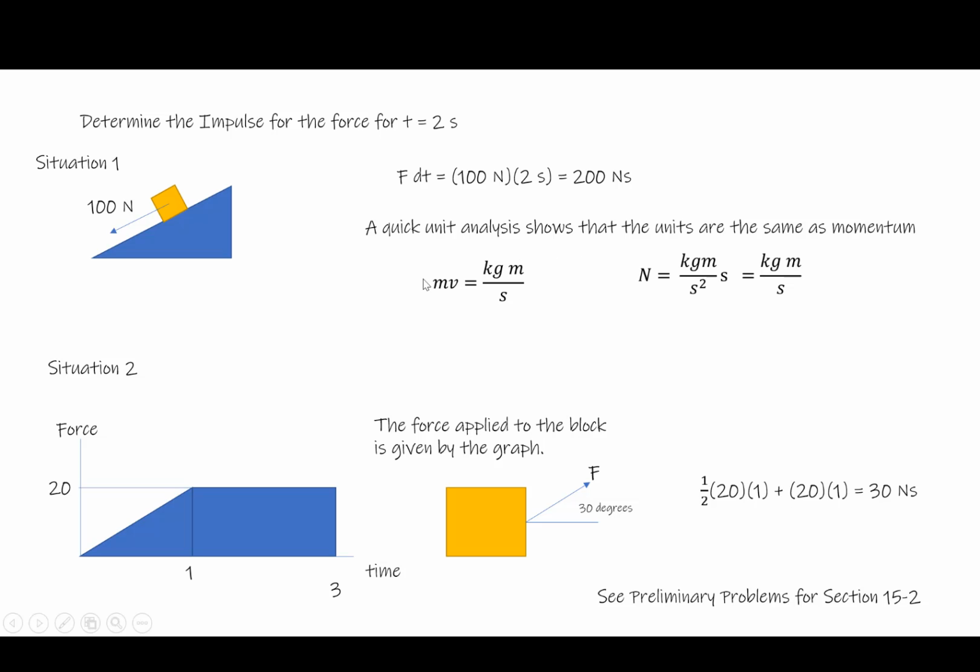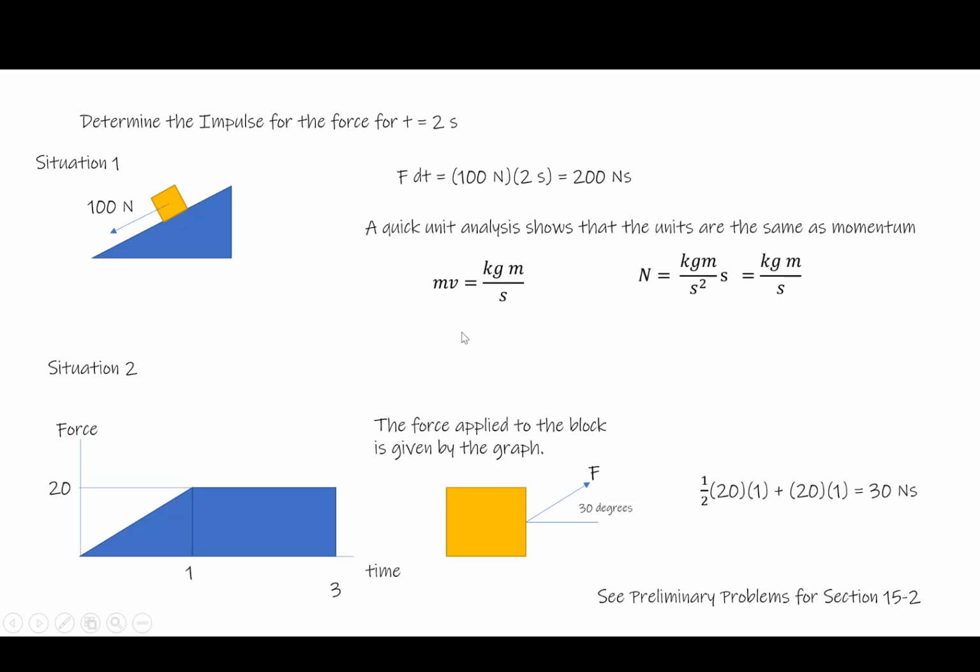Remember, momentum is mass times velocity, kilograms times meters per second. A newton is a kilogram meter per second squared. I multiply by seconds, the seconds cancel, and I get kilogram meters per second, which is the same set of units as momentum.